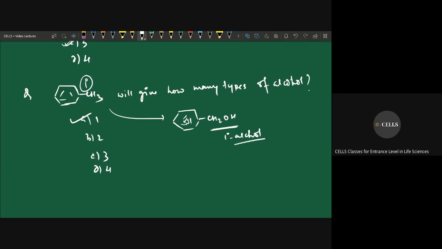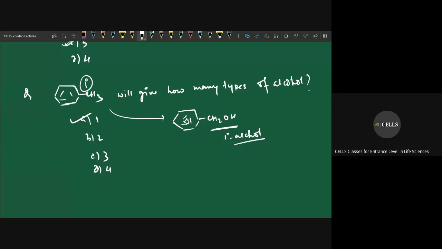So we'll discuss in the reaction mechanism section why this benzene ring won't react. It will take place under different conditions, right? So only one type of alcohol will be there.